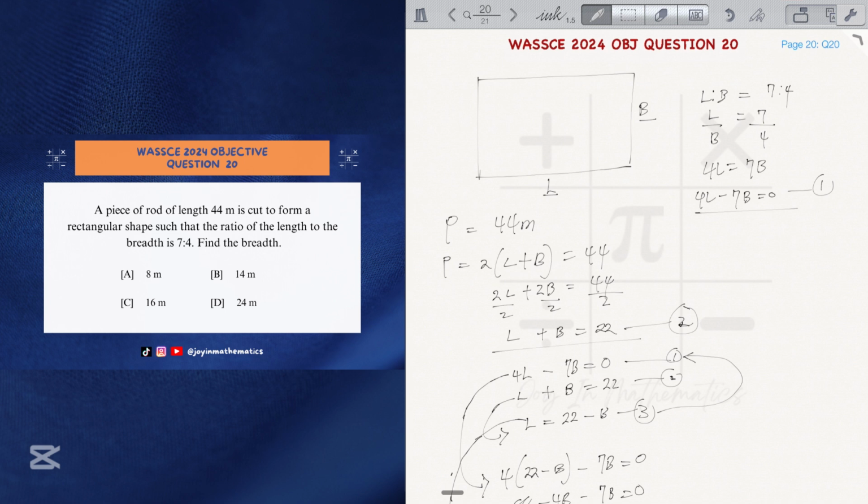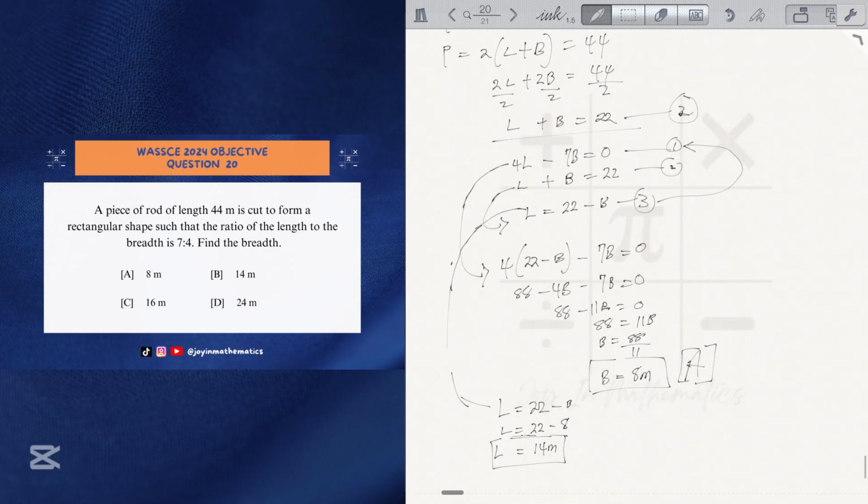Similarly, we're given that the ratio of the length to the breadth is 7:4. Therefore, L divided by B is equal to 7/4. Then we have the equation 4L minus 7B equal to 0. We have two equations, two unknowns, and we're able to evaluate the values of B and L.